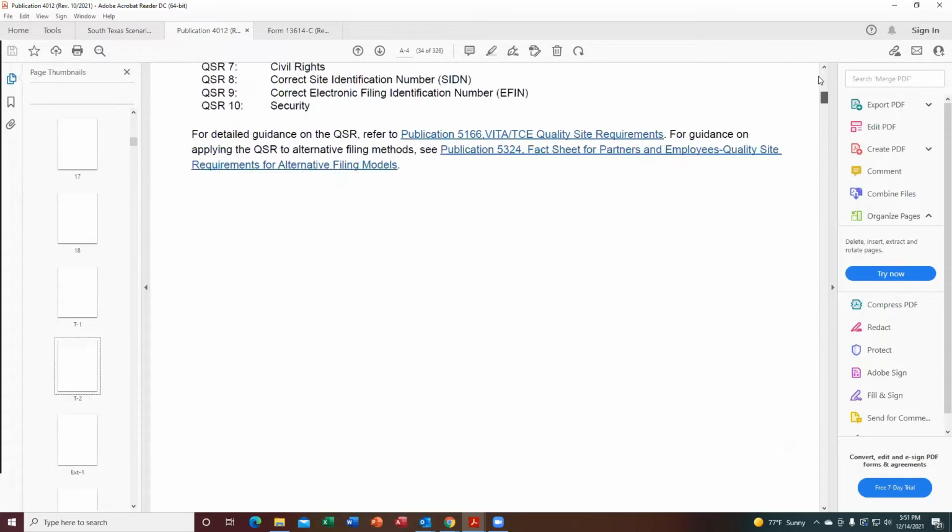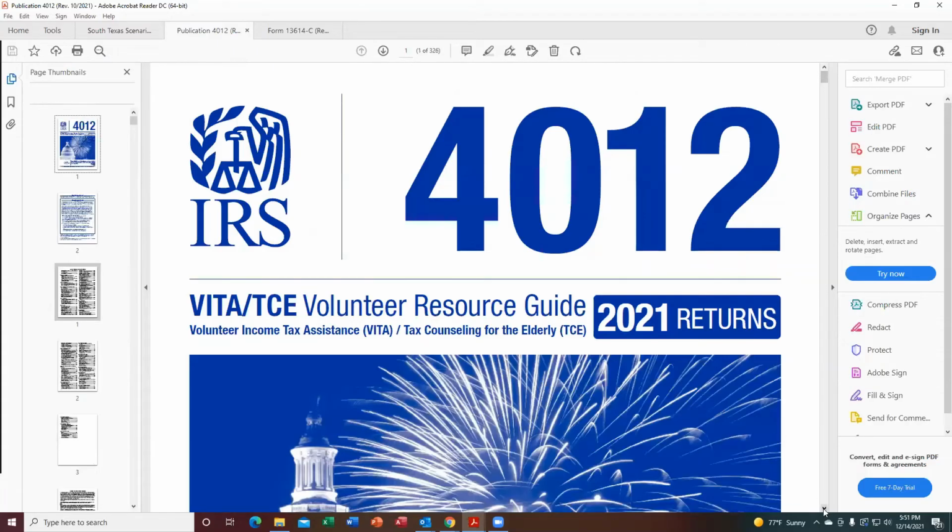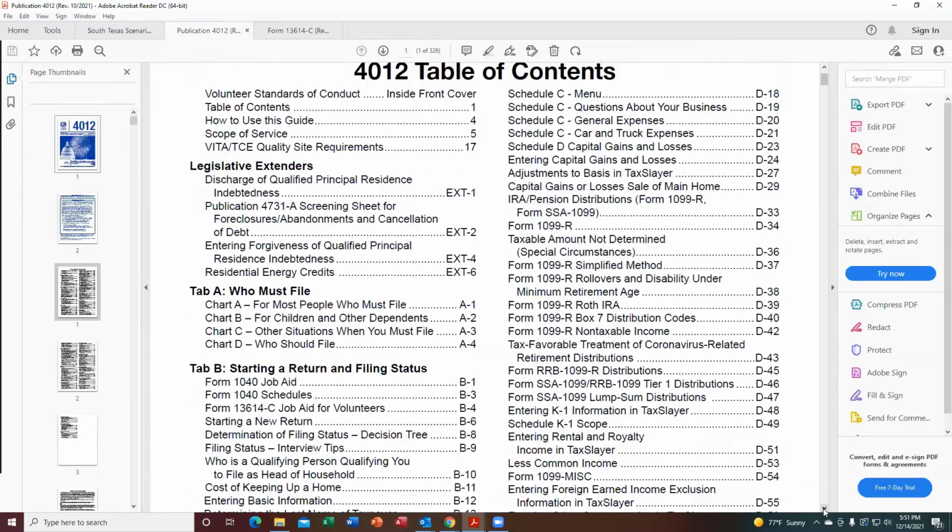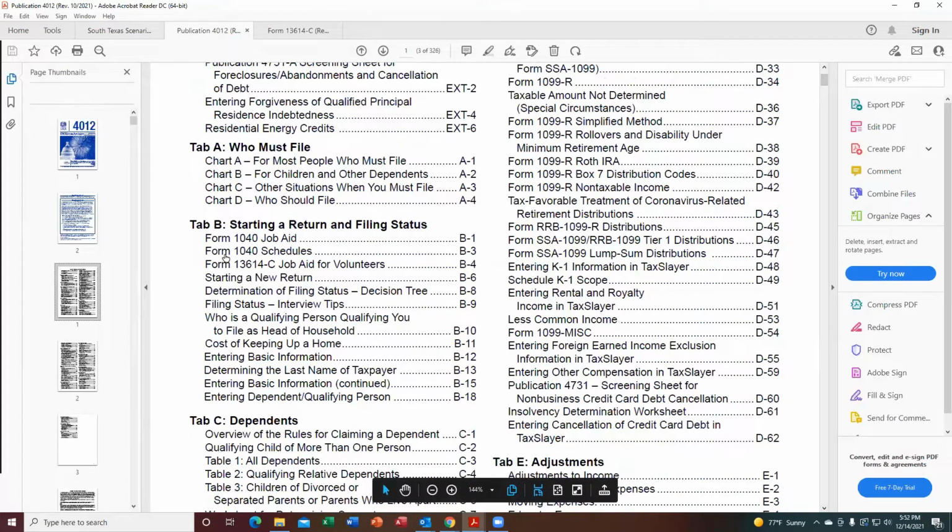Okay, so I'm going to go back to my table of contents. Okay, so I'm going to be looking at Form 1040, the area of the job aid, which is B1.